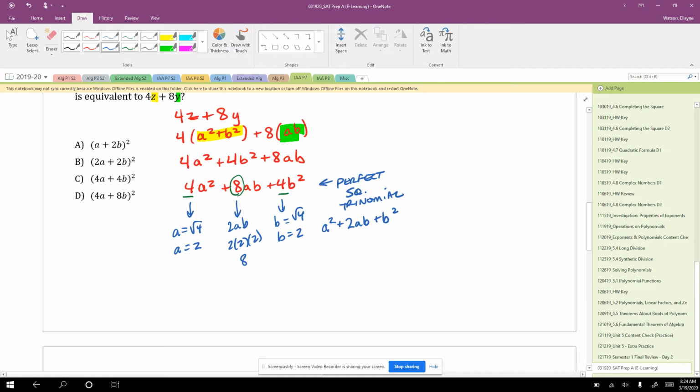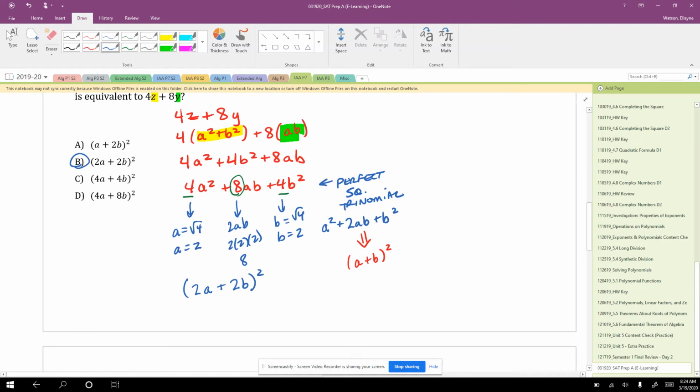It all checks out, so that means I can factor this trinomial. This factors into a plus b quantity squared, which means 2a plus 2b quantity squared. Now, you might not see that, and that's fine.